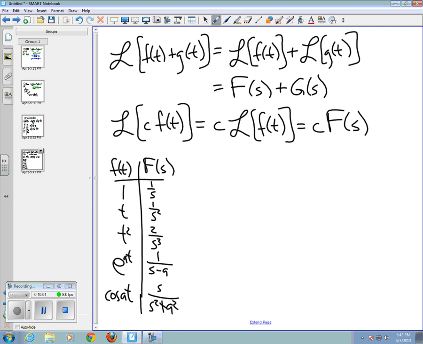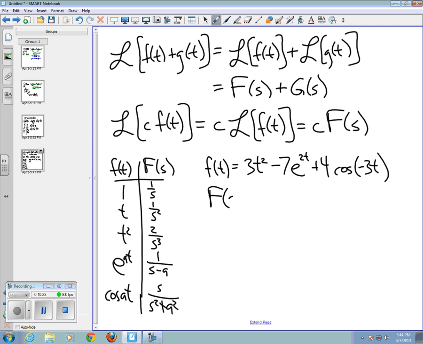So let's suppose that I knew that little f of t was something like 3t squared minus 7e to the 2t plus 4 cosine of, say, negative 3t. And I want to know what the Laplace transform capital F of s is.